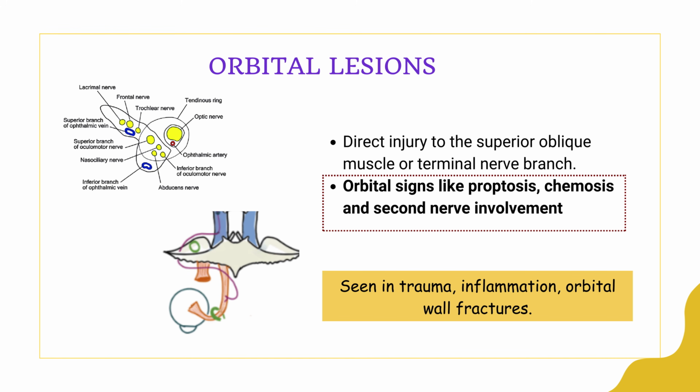In orbital trauma, hemorrhage or edema can selectively affect the trochlear nerve because it is thin and superficially placed, particularly as it enters the superior oblique muscle. Thus, the presence of a local orbital sign along with multiple cranial nerve involvement strongly points towards an orbital cause rather than a central or a cisternal lesion.